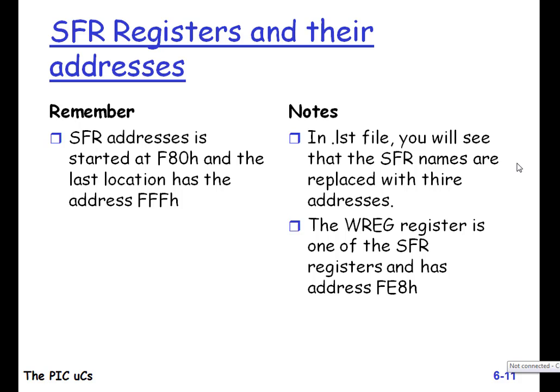There is an important note in the .inc file: you will see that the SFR names are replaced with their addresses. The WREG register is one of the SFRs and has the address FE8H.